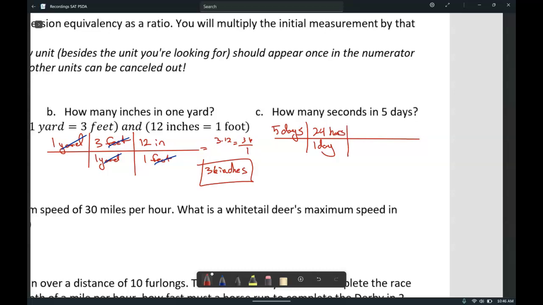And then what's the next unit down from hours? 1 hour contains 60 minutes. And then from minutes, 1 minute is 60 seconds. So we just multiply all the way across: 5 times 24 times 60 times 60. And we get a total of 432,000 seconds.